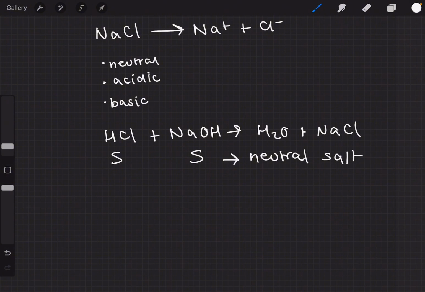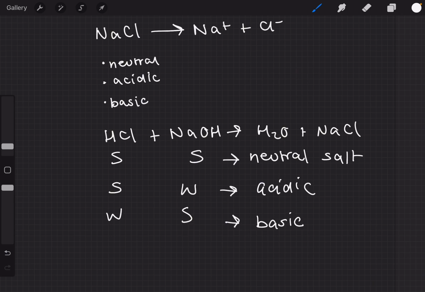Now, if we had a strong acid but a weak base, that would result in an acidic salt, and vice versa. If we had a weak acid and a strong base, that would result in a basic salt.